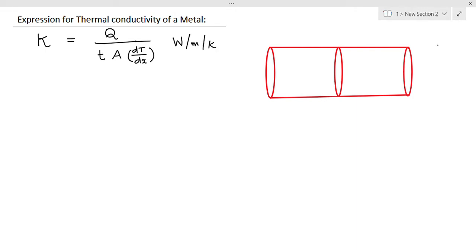The definition for coefficient of thermal conductivity is the quantity of heat energy flowing through the material per unit time across unit area of cross section per unit temperature gradient.